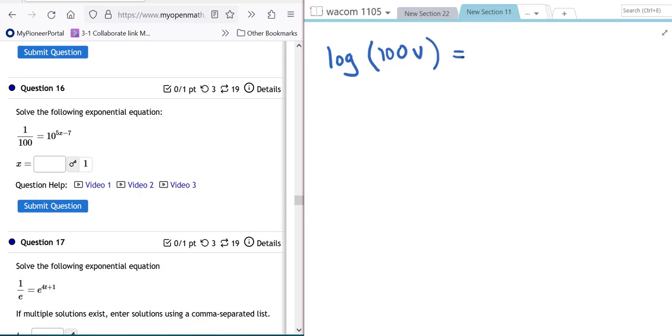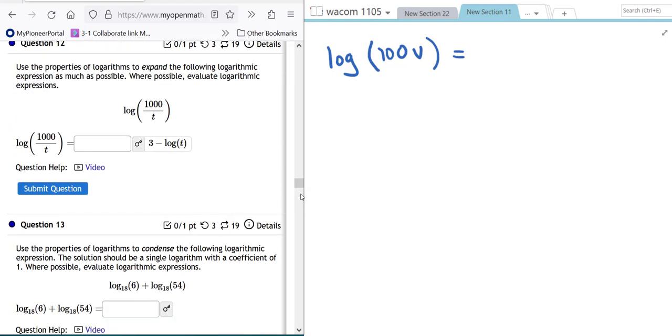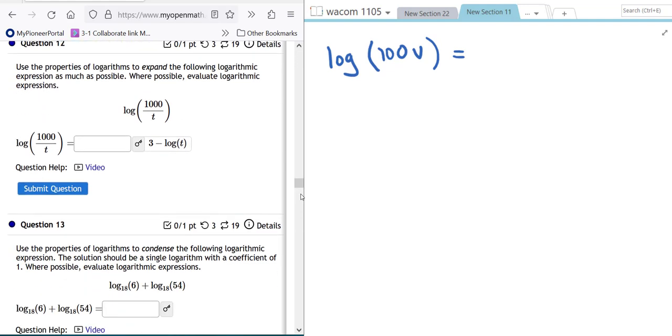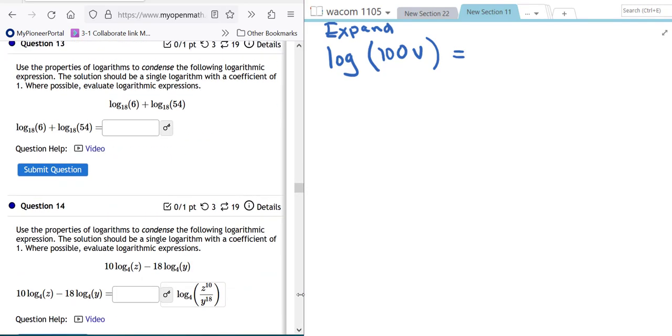Okay. And so let's go back and see what the directions were on 12, because the directions would be the same. All right. So the directions say expand. This is good because this is the other kind that we didn't have. And this is a product. So to expand it, it is going to be the sum of the logs. If it is a quotient, so a fraction, then it would be minus. So this one is going to be log of 100 plus log of v.